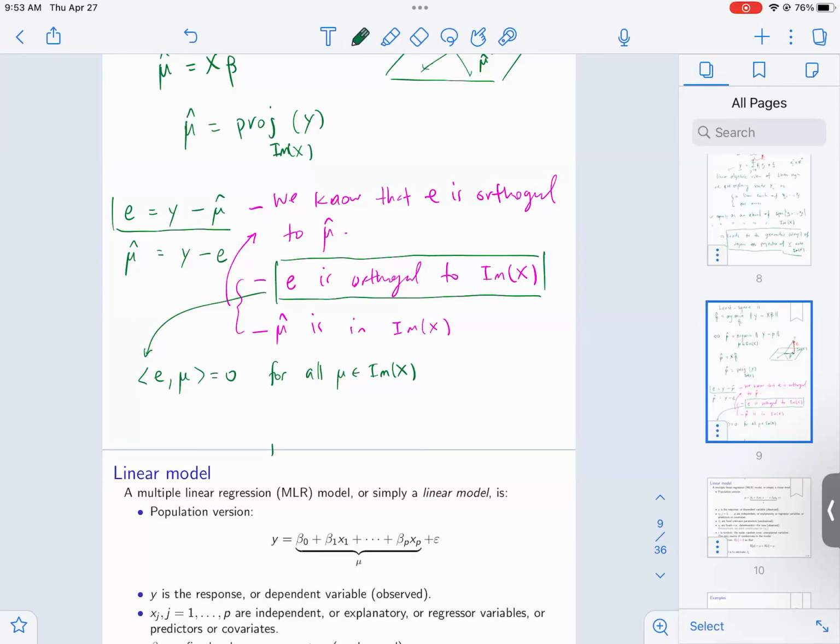Yes, we're going to get there. I want to prove that basically. So this implies that E has to be in the kernel of X transpose, but we'll see why that is. First, let's write this down in a more explicit fashion. So mu is in the image. Can I represent it in terms of the X matrix?